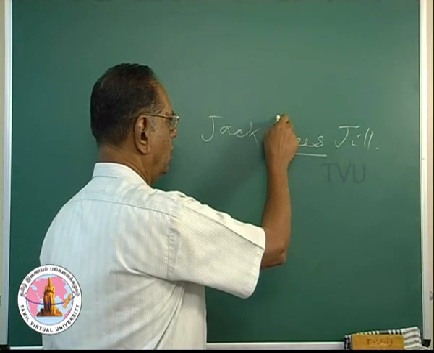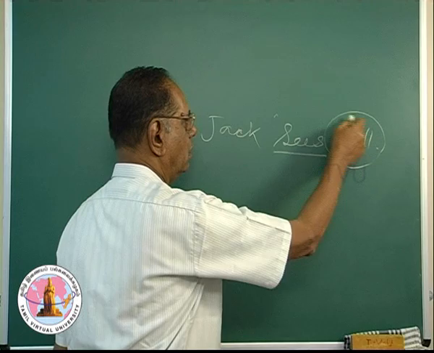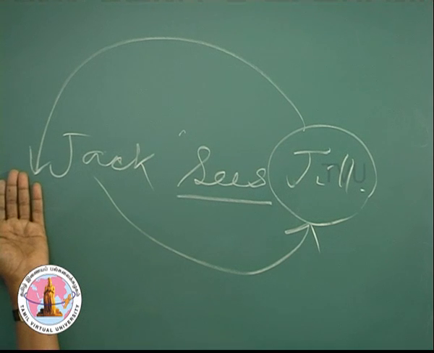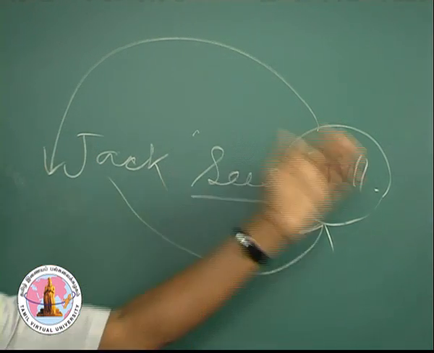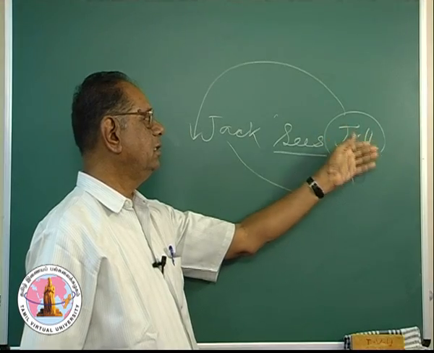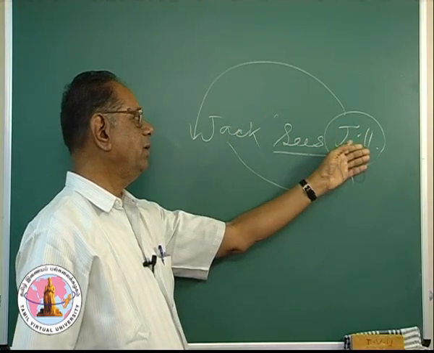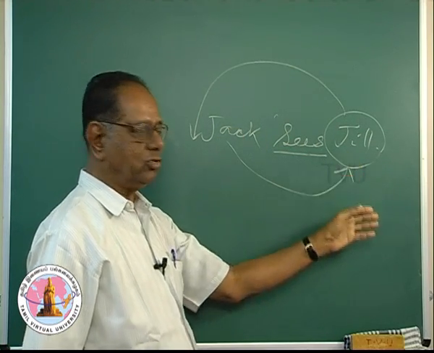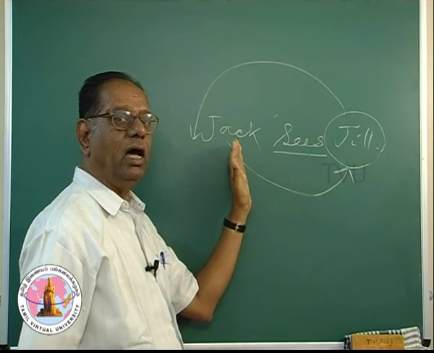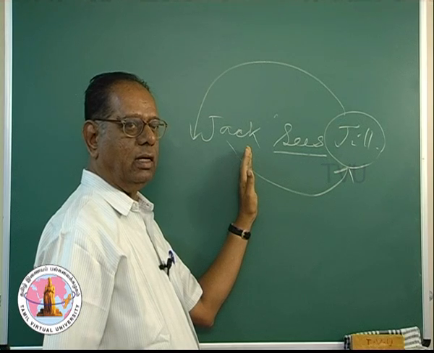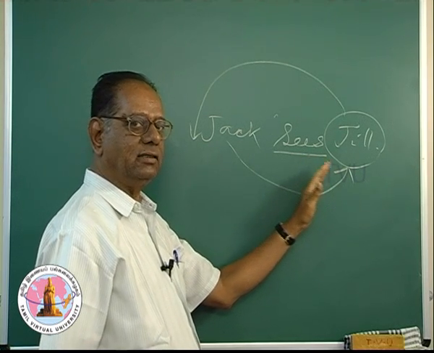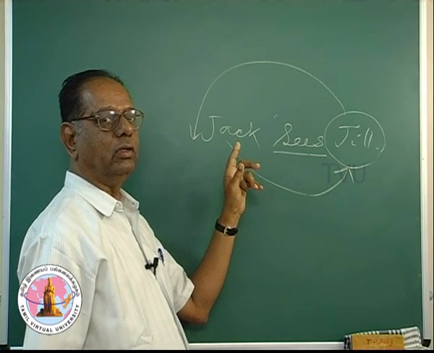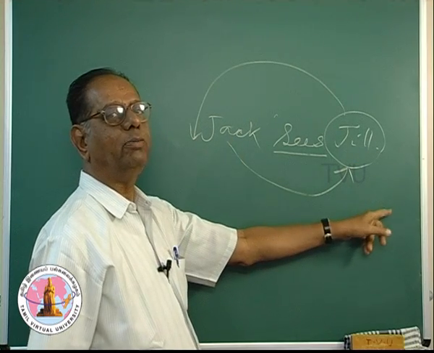Now, I bring Jill here and take Jack there. What happens? Jill sees Jack. Then Jill becomes subject and Jack becomes the object. That is to say, the position of a noun in an English sentence decides whether that particular noun is the subject or the object.